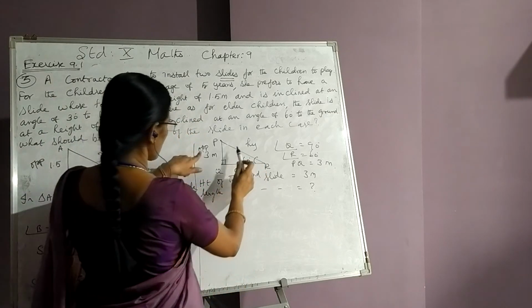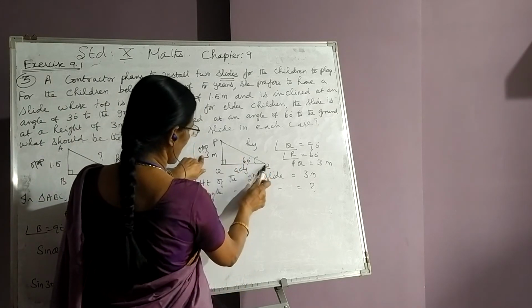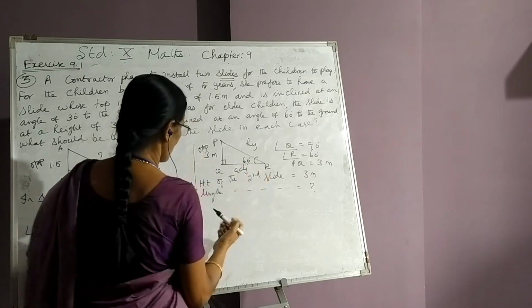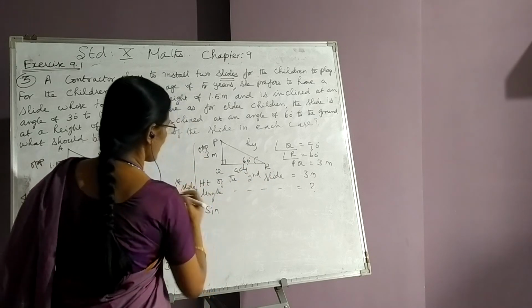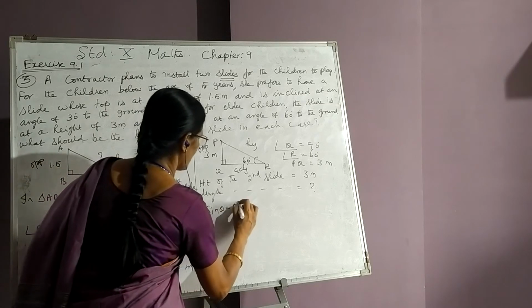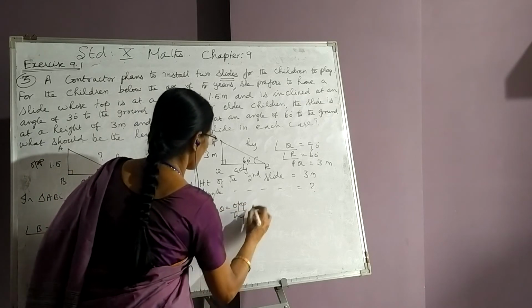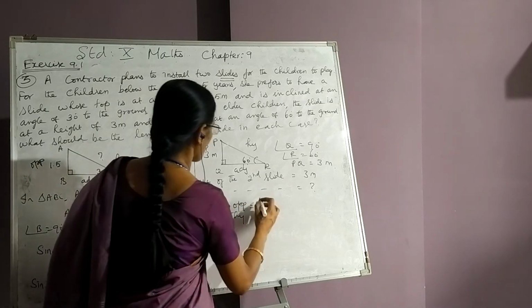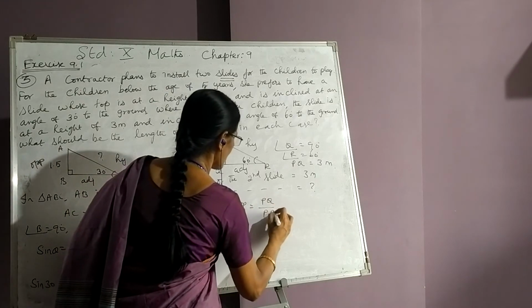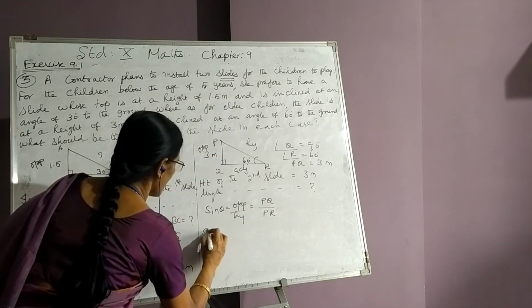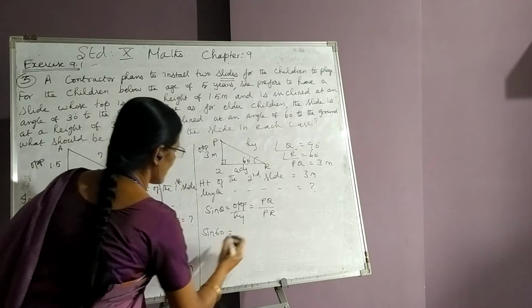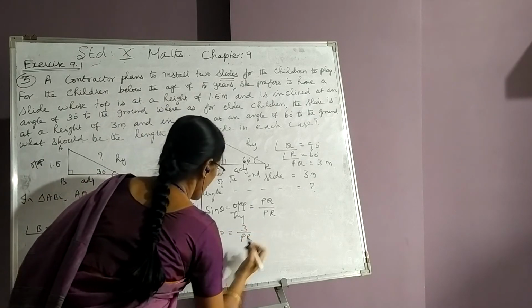As before, we have to relate opposite and hypotenuse because PR is asked here. Therefore, again we go like the previous case, sin theta, which is opposite upon hypotenuse. Opposite is PQ, hypotenuse is PR. Theta is 60 degree, so sin 60 is 3 upon PR.